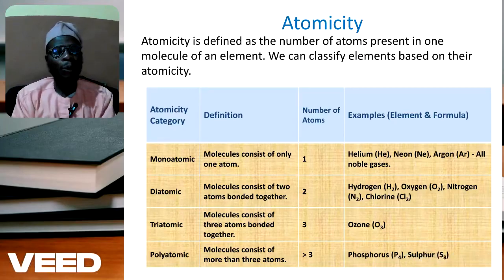So they are monoatomic elements. Àwọn tó bá sọ pé nígbà tí wọ́n dá dúró, so ó ní 2, àwọn là ń pè ní diatomic. So diatomic. Example, hydrogen gas, oxygen gas, nitrogen gas, chlorine gas, fluorine gas, and so on.